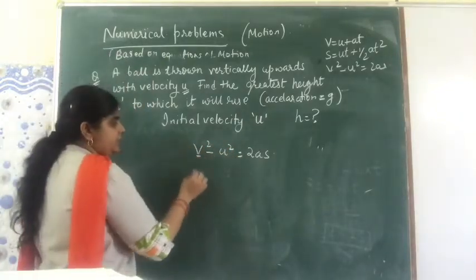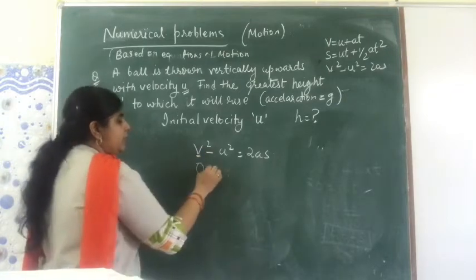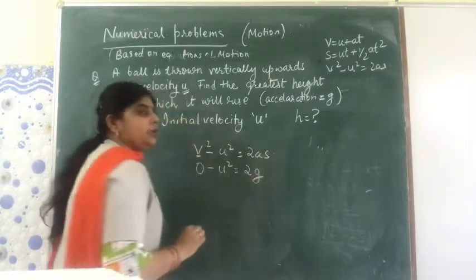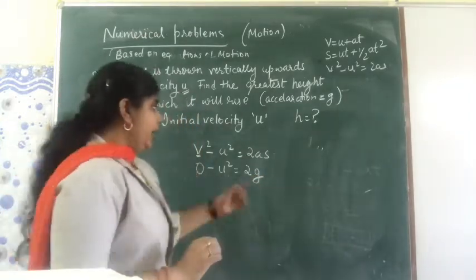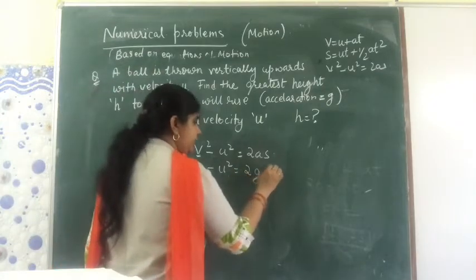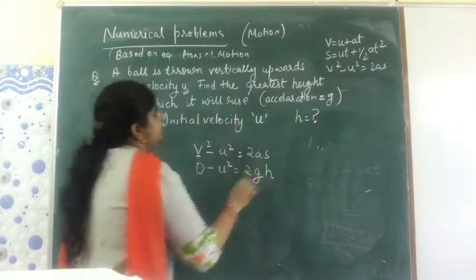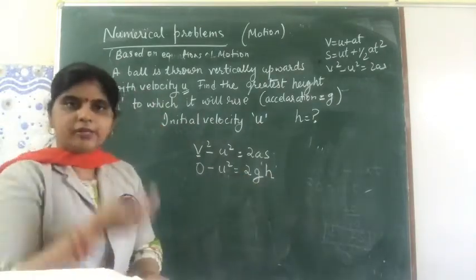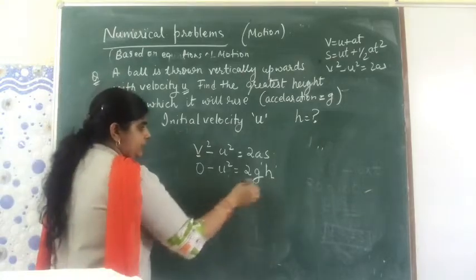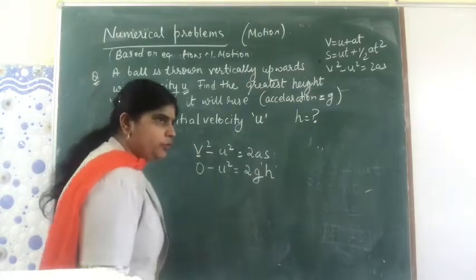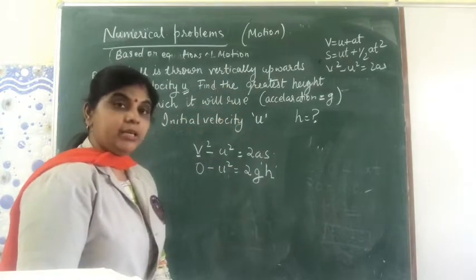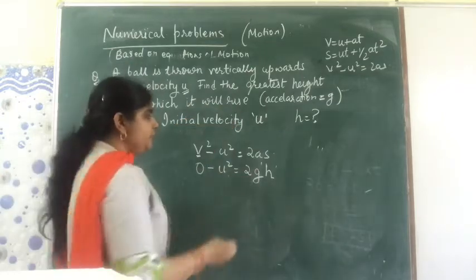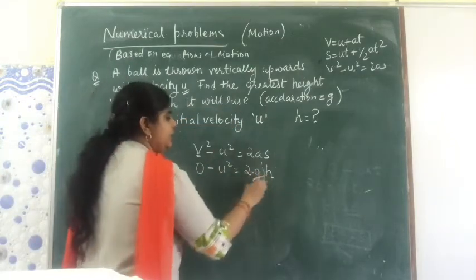So the final velocity will be 0, and 2 times the acceleration g, and s is the height traveled, which is h. Because the body is moving against gravity, the velocity is decreasing, so the value of g should be negative in this case.